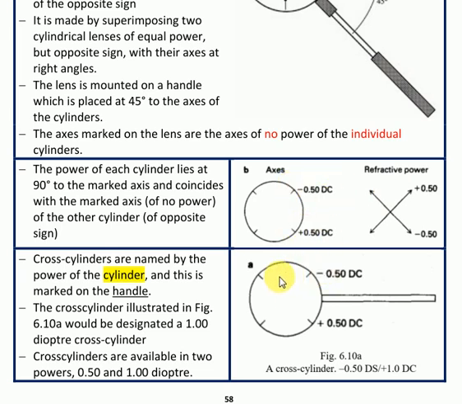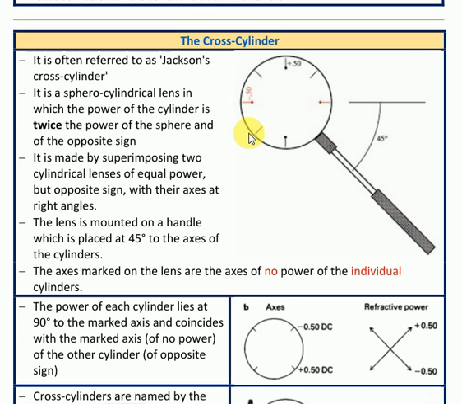And this is actually a 1 diopter cross cylinder, because cross cylinders are named by the power of the cylinder. Now how to use this? The cross cylinder is used to check the axis of the cylinder prescribed, and then after checking the axis, we check the power. First the axis and then the power.